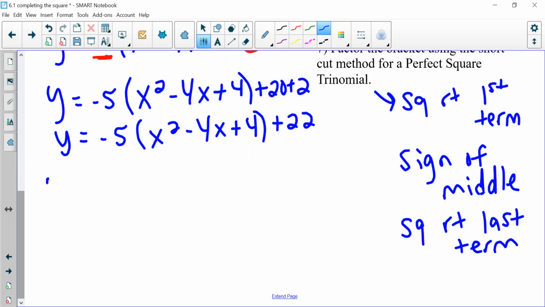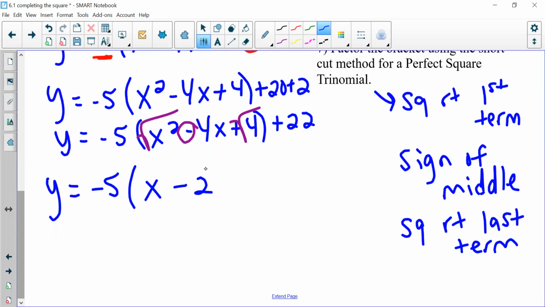And as we move into chapter 5, this process will make quite a bit more sense here. So square root of x squared, sign of the middle, square root of the last term. So square root of x squared is x, sign of the middle is minus, square root of 4 is 2. Close that bracket and square it so that it looks like vertex form.